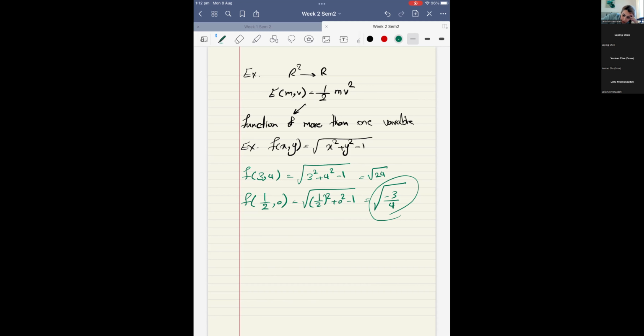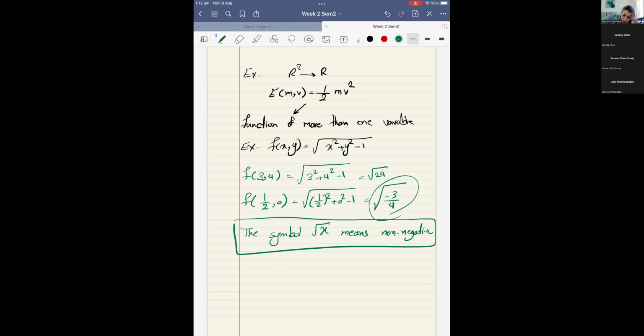It means that the symbol of the square root means non-negative, yes. We have a problem here.